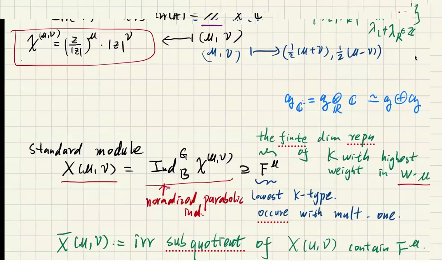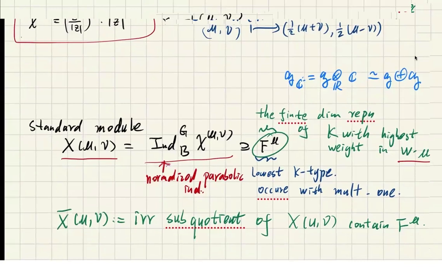Let me call this representation F mu. So in this standard module, there will be a very specific K type, which is called F mu. Actually, you can see that this is a lowest K type, and this occurs with multiplicity 1.